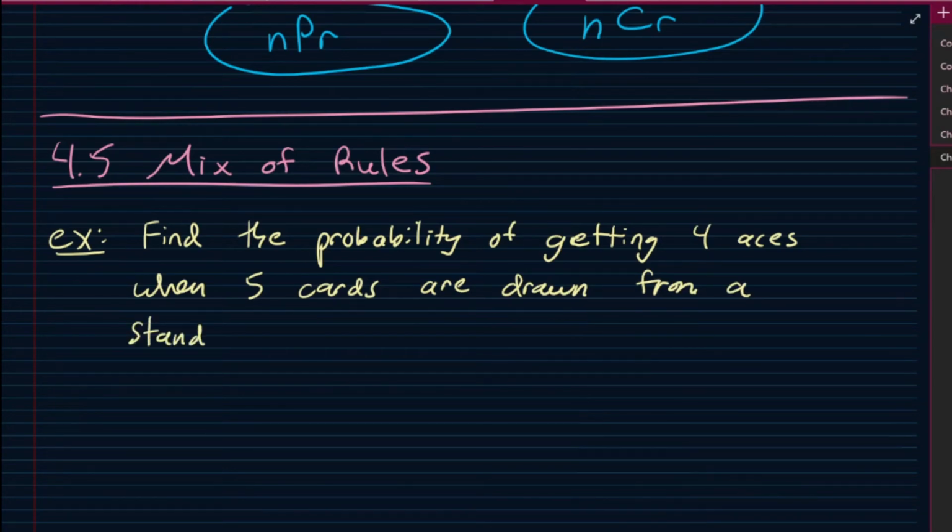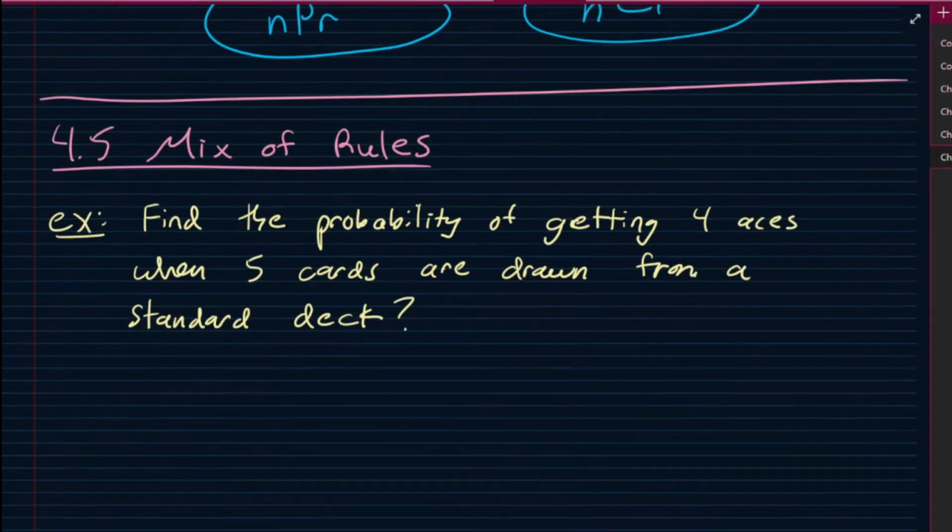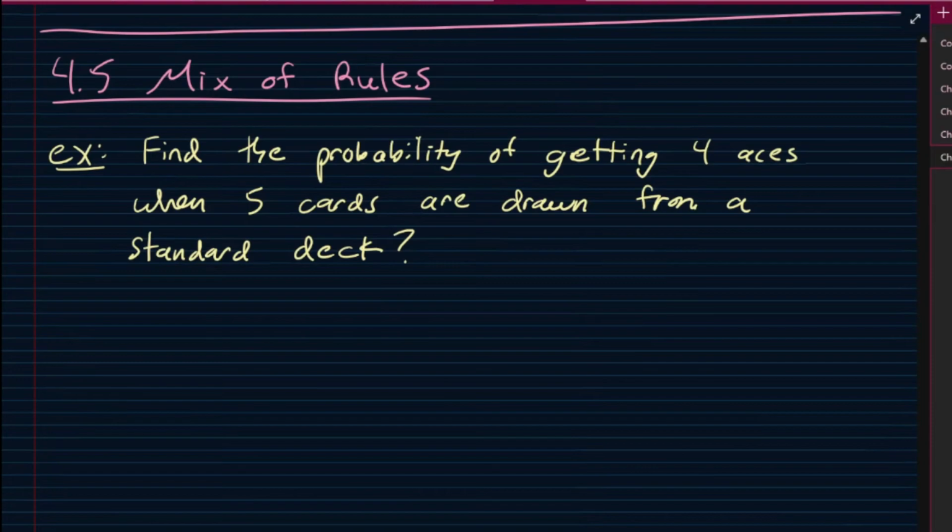A lot of these questions are about identifying keywords in the problem so that you know which formulas to use. First of all, we've got the keyword probability. And what do we know for probability? It's favorable over total, and it's a fraction.